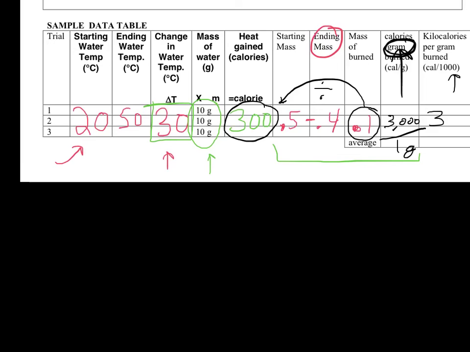Okay, well, in the lab you had trials. In mine, I just gave you bigger numbers there so it would be easier for you to see on the screen. And let's take a look at what your data might have looked like. This is probably more similar to what you'd have in the actual data table. And if you download the makeup data, I will tell you in the makeup data what the starting water temperature was and what the ending water temperature is.